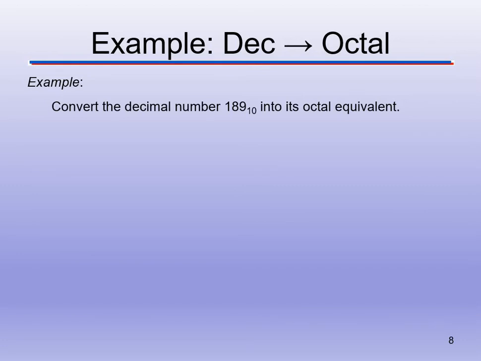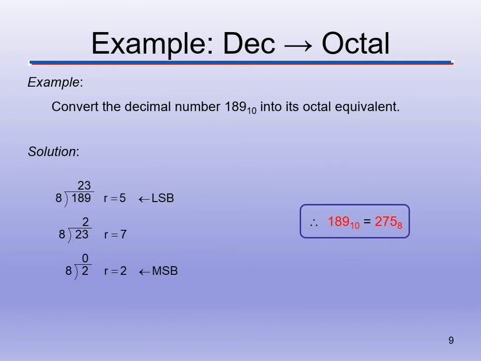So we're going to do successive division by 8. So when we do that, what we'll do is 189 divided by 8, 23 goes in the most, and that 23 times 8 is 184. So 189 minus 184 is 5. So that's where the remainder 5 comes from. And that's going to be our LSB.